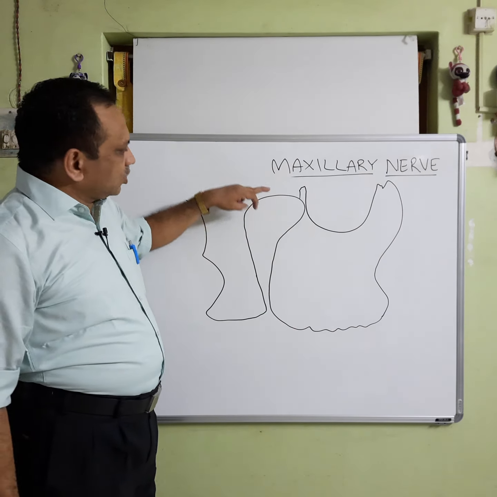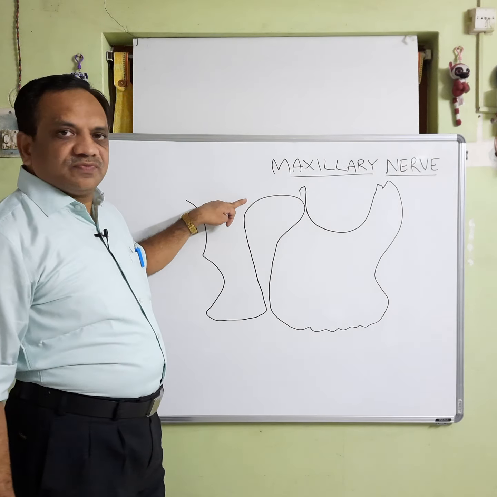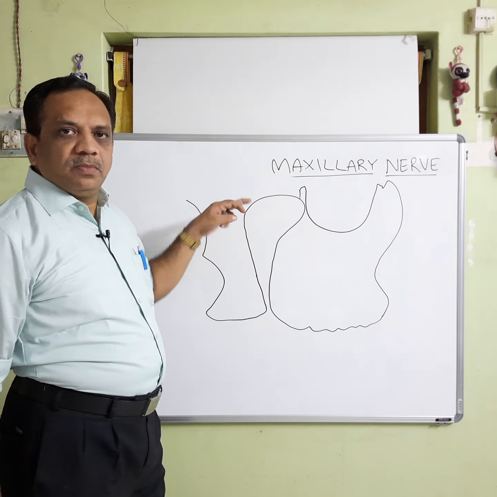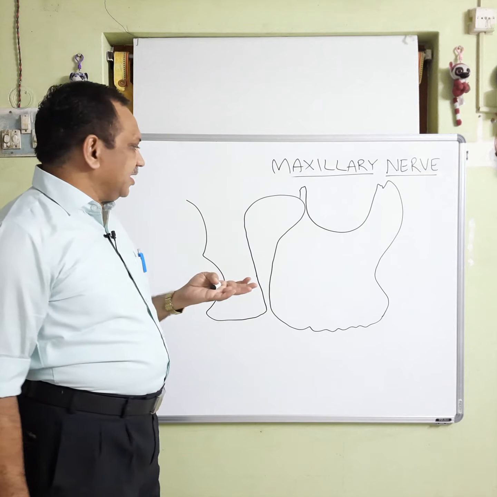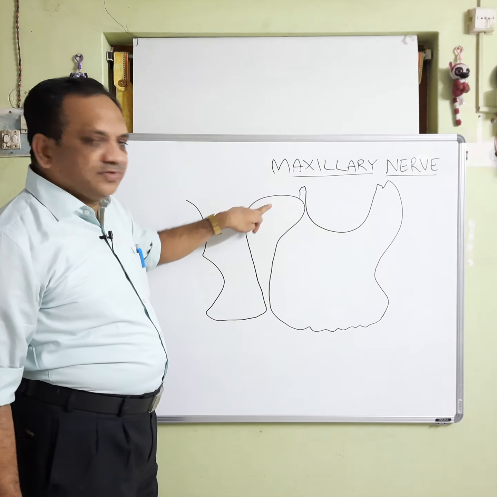And the roof is formed by the under surface of the body of the sphenoid. So, this is the body of the sphenoid.